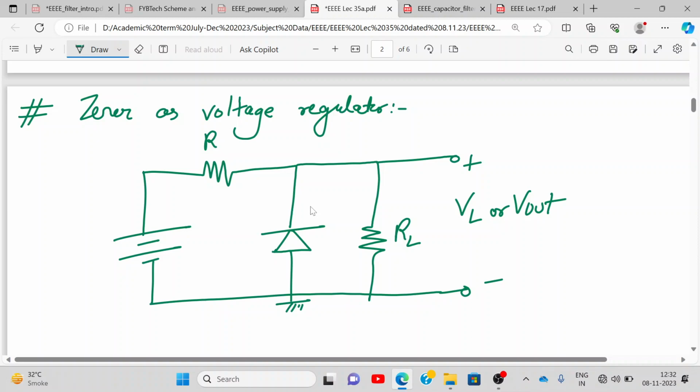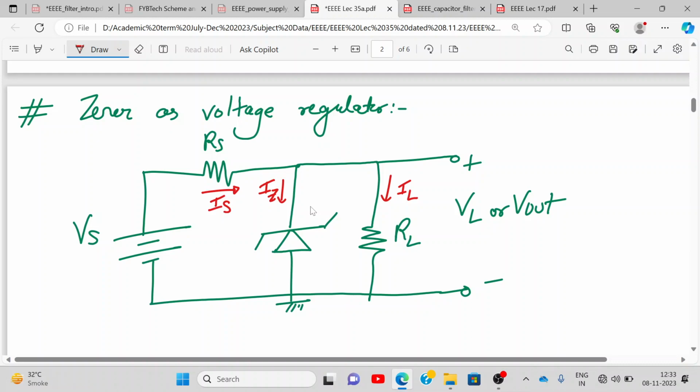This is RS. This is VS. This is Zener diode. In the exam, if you draw a diode instead of a Zener diode symbol, it will be wrong. So please draw the Zener diode only over here. This is the load current IL. This is IS. And this is IZ.